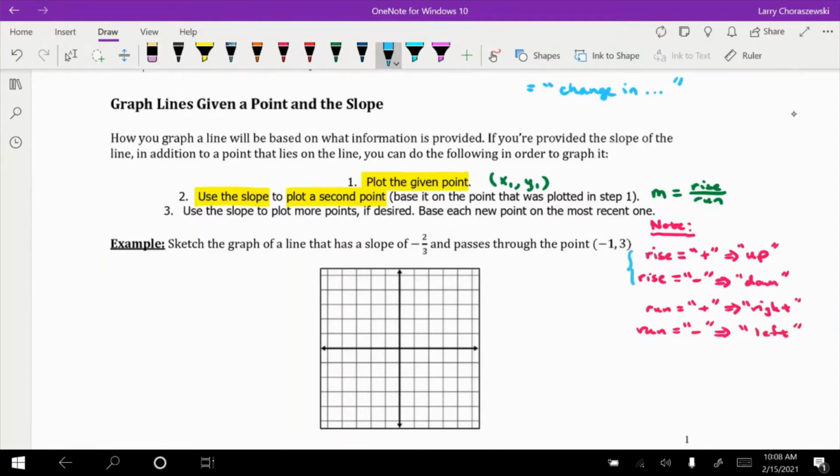Now we always do the rise first, and then based on where we land after we do our rise, we do our run. And then after we've done the run movement, that's where we settle down and put our point at.